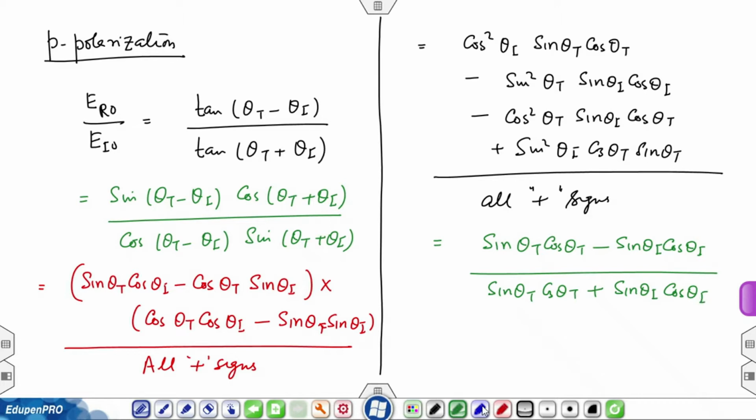Now, let us substitute. I know that sine theta t is equal to sine theta I over n, and therefore, cosine of theta t is equal to square root of 1 minus sine square theta t, which is sine square theta I divided by n square. And let me substitute that in.